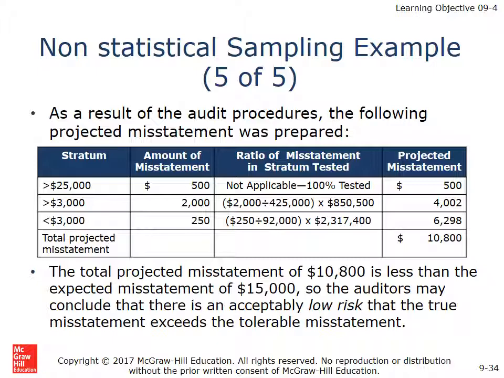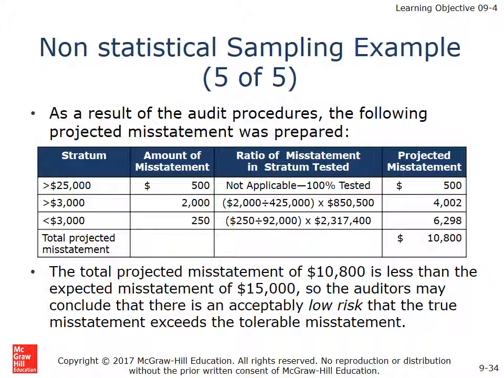Since all of the items in the greater than 25,000 category were tested, that is your projected misstatement, what you actually found. But for the items that were greater than 3,000, you found an actual amount of misstatement of 2,000.